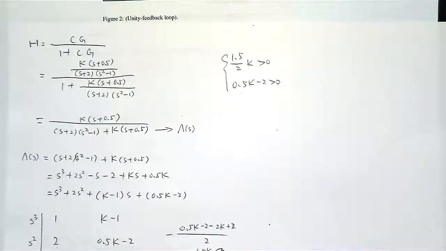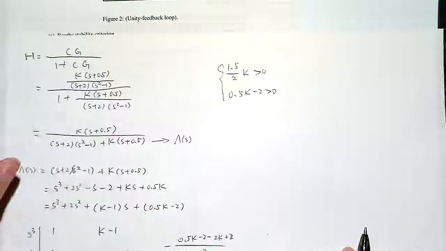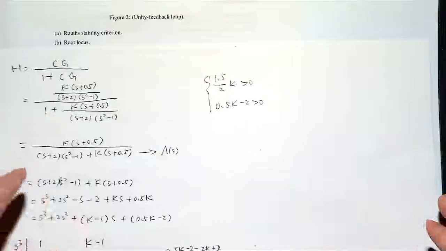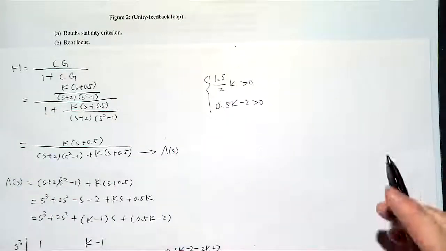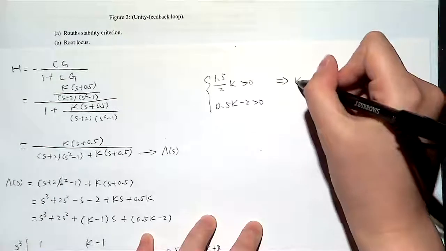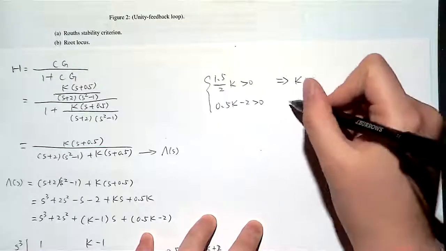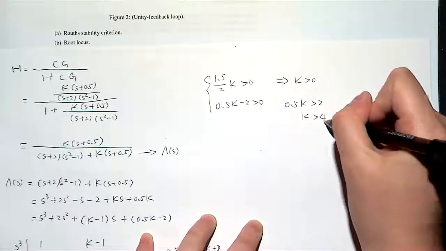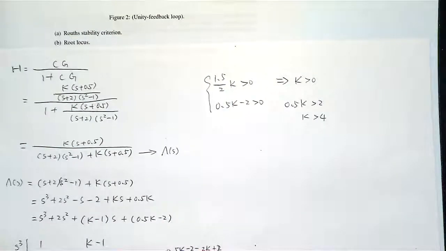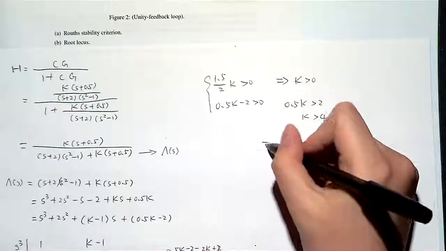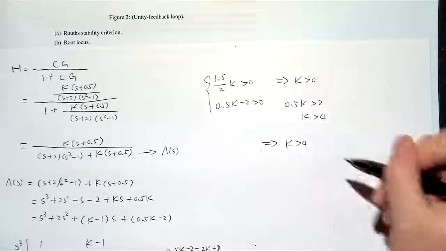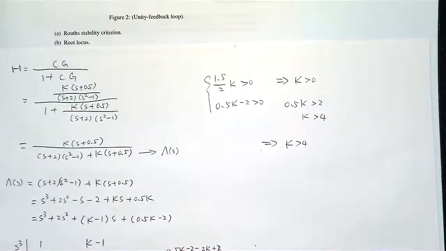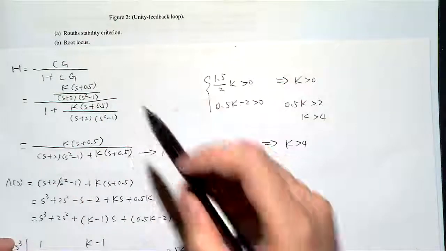So this is the range of k that is required to make your system stable, right? So from here you get k greater than 0. From here you have k greater than 2, so your k is larger than 4, right? So when you combine those, you get k greater than 4, right? That's the first one. That's the Routh criterion.